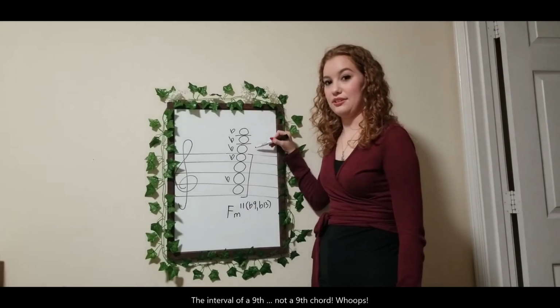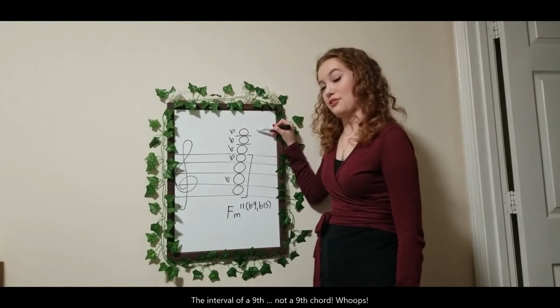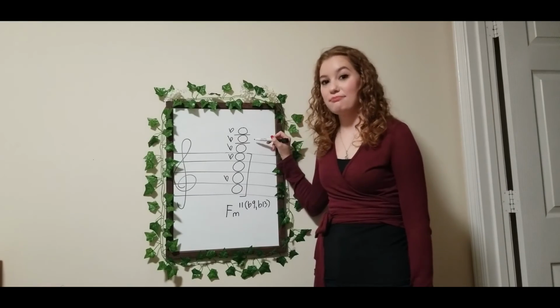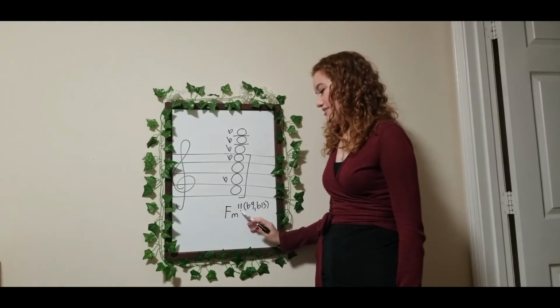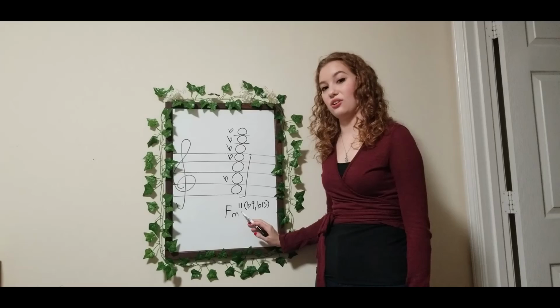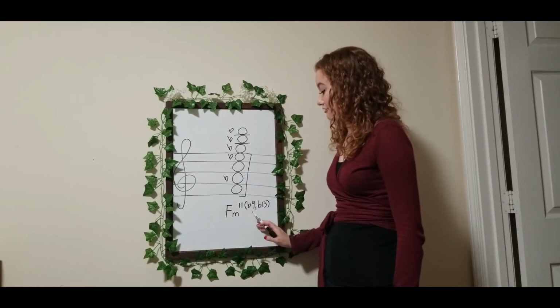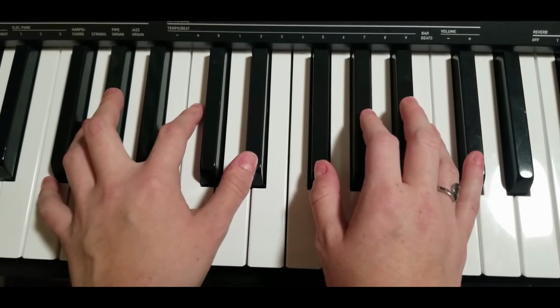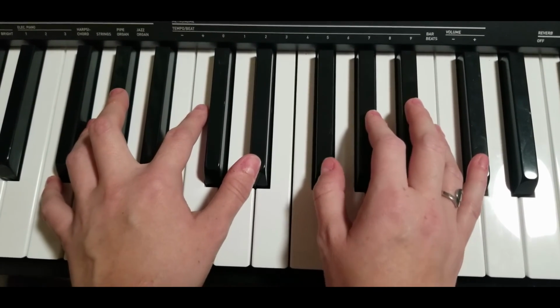The 9th is flat, and so is the 13th. But because B is native to the key of F, that's natural, which means that 11 is our highest unaltered note, followed by flat 9, flat 13. That's what an F minor 11, flat 9, flat 13 sounds like.